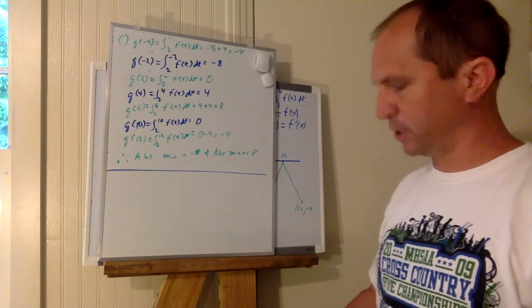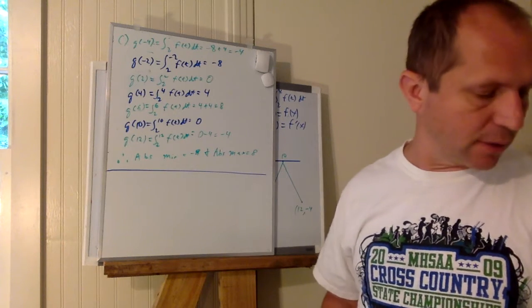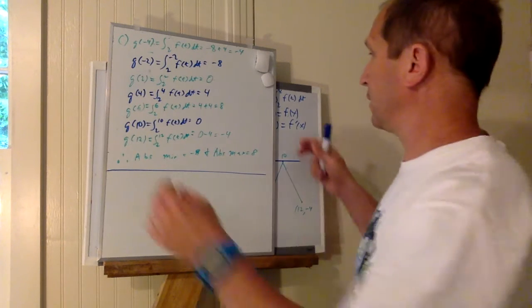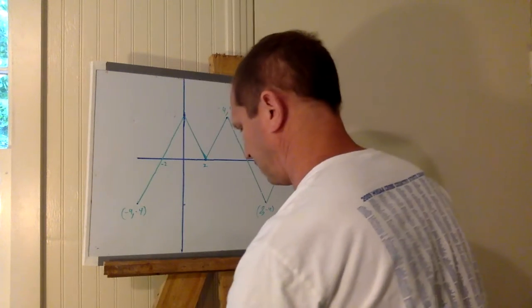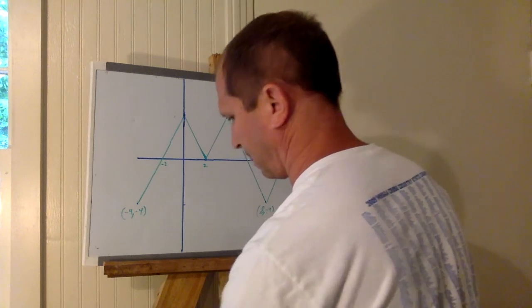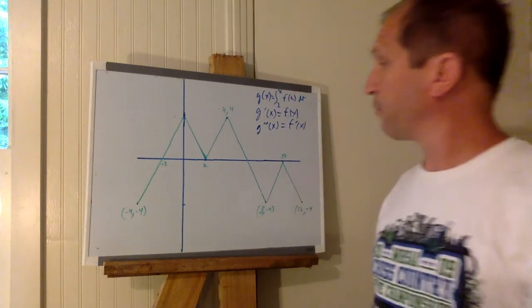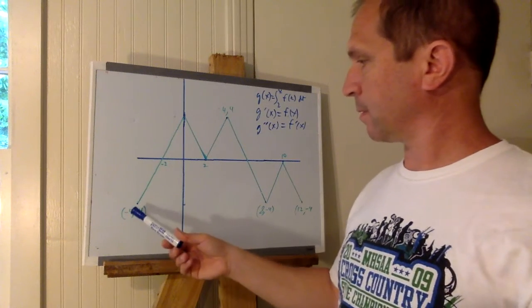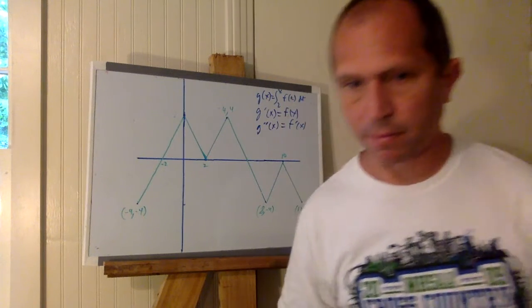This asks where on the graph g is negative. Let me look at that problem again.